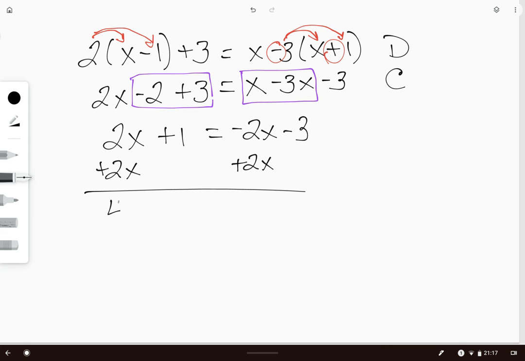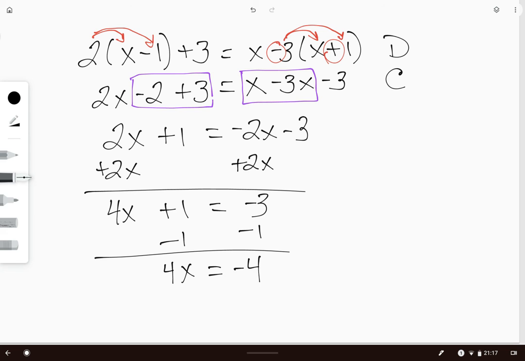So 2x and 2x is 4x. And I will subtract 1 from both sides, because negative 3 minus 1 is negative 4. Divide both sides by 4. x equals negative 1.